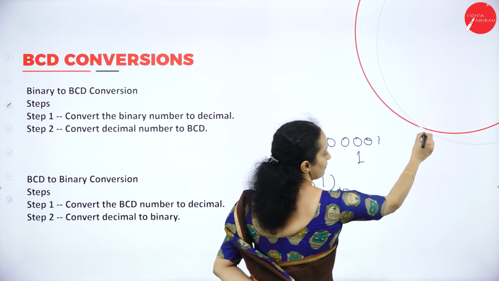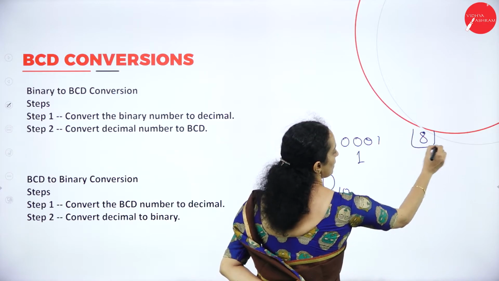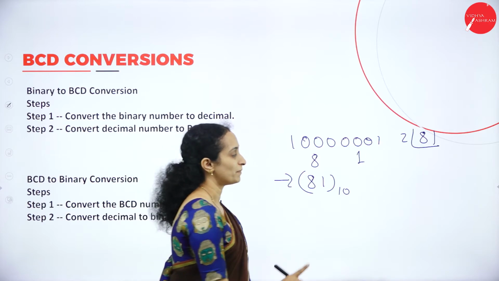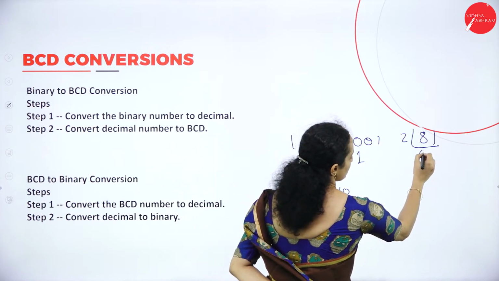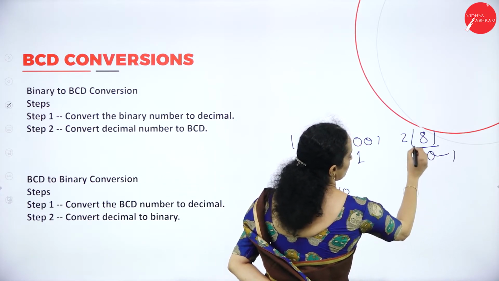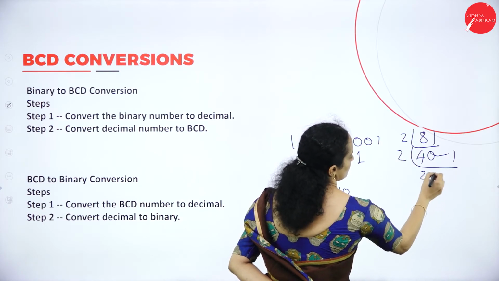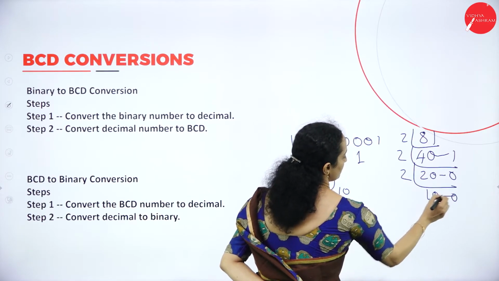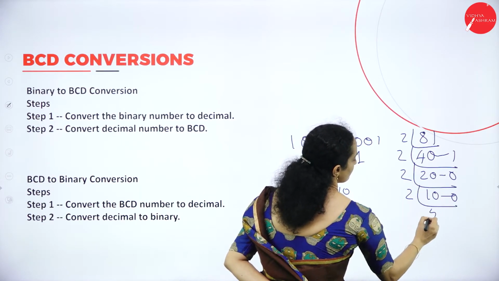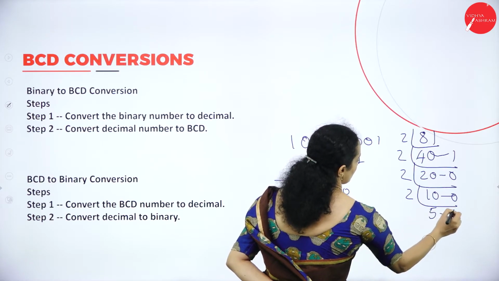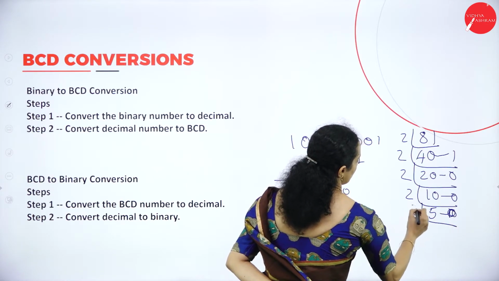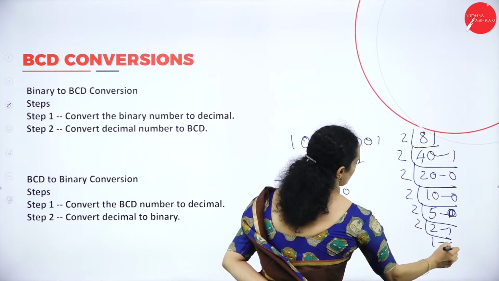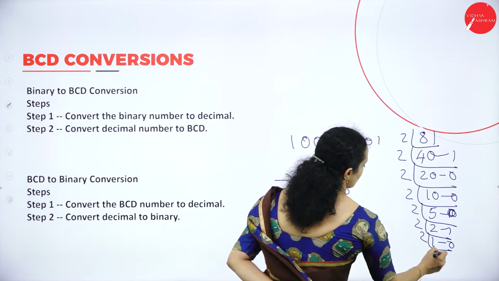Okay, this 81 can be converted to normal binary by dividing it by 2. 2 40s are 80, remainder 1; 2 20s are 40, 2 10s are 20, 2 5s are 10, 2 2s are 4, 2 1s are 2, remainder 0, 1.